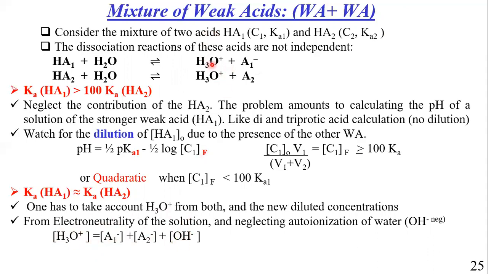Let's look at the positives. We have H3O+ coming from the acid, from this one, from that one, maybe from water, whatever. All the H3O+, we only have one cation on this side. The negatives will go on the other side. A1- and A2- go on this side, plus the OH- from the water. Again, we said that the OH- from the water is negligible.